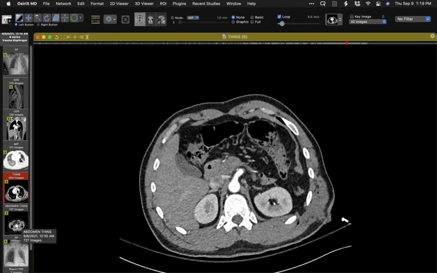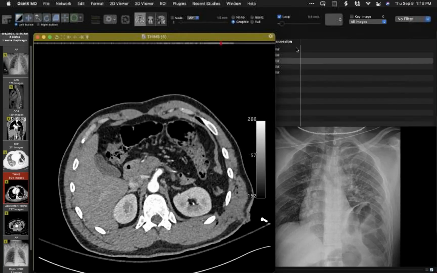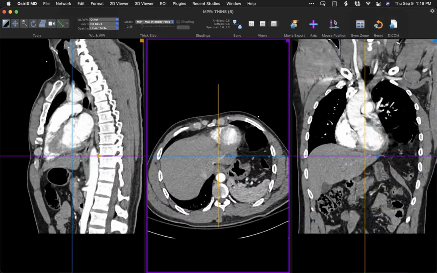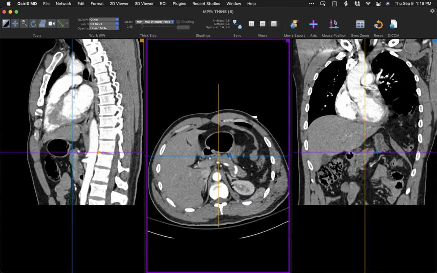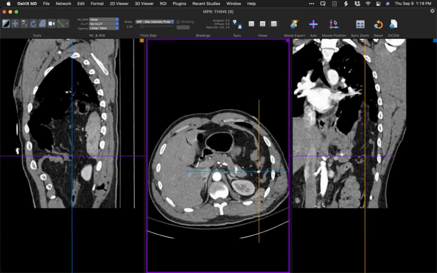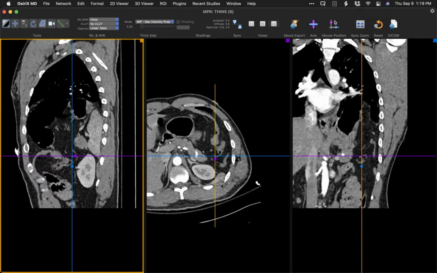Actually, I'm just going to take this and make it a 3D MPR real fast, and then I'll make this big. Okay, so let's go down here, and you'll begin to see that we can identify the extent of the diaphragm disruption in different locations.